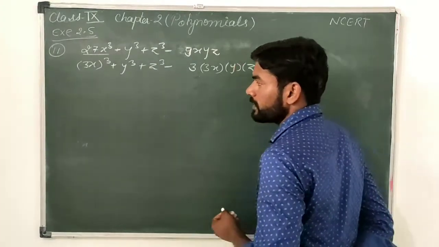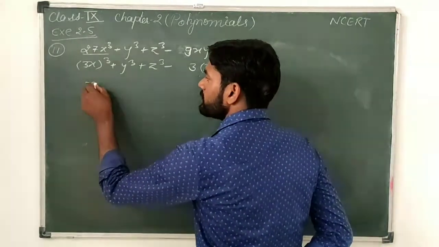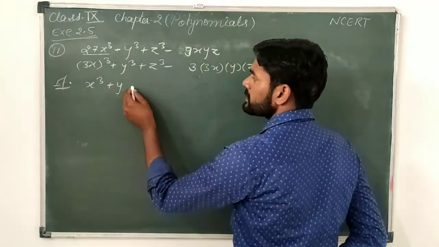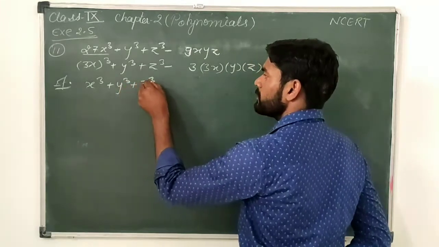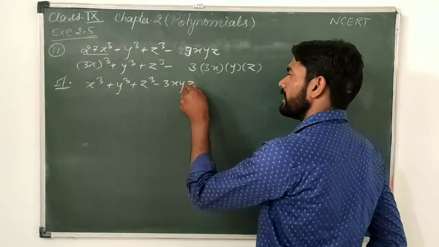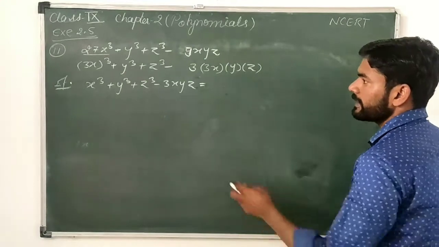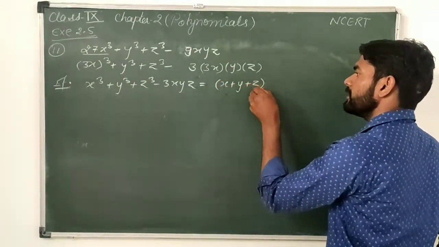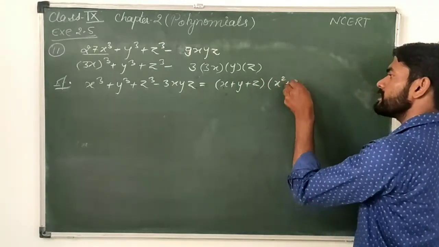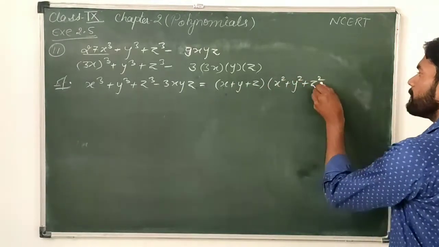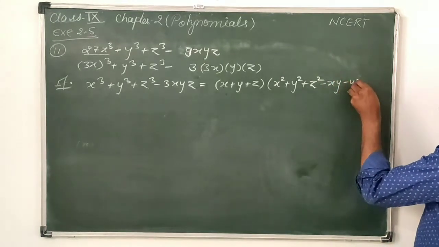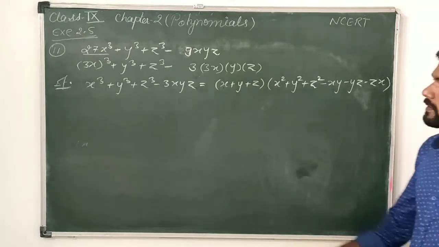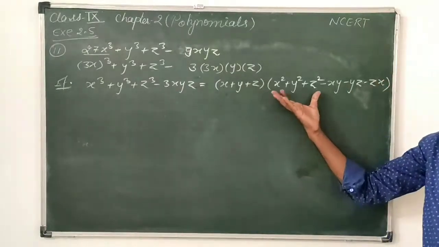Now I am going to state one more identity: if x cube plus y cube plus z cube minus 3xyz is given, then the factorization of this will be (x plus y plus z) into (x square plus y square plus z square minus xy minus yz minus zx). For this term, the identity is this.